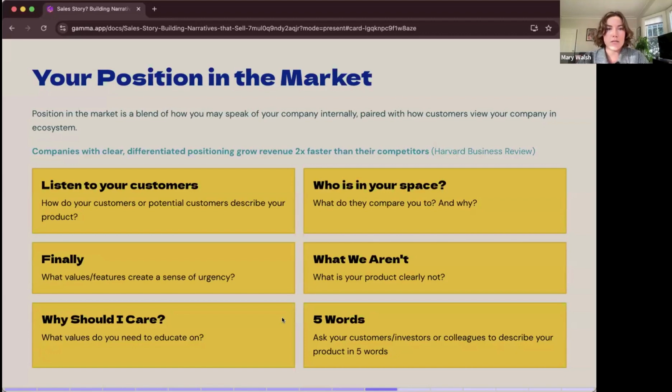So this is something I always like to hit on when I work with founders, because you want to keep your pulse on it as you move through different stages of business growth. Specifically, I like to think of position in the market as how you internally speak about your product or business, and how your customers speak about your product and business, and making sure there's some alignment across those two.